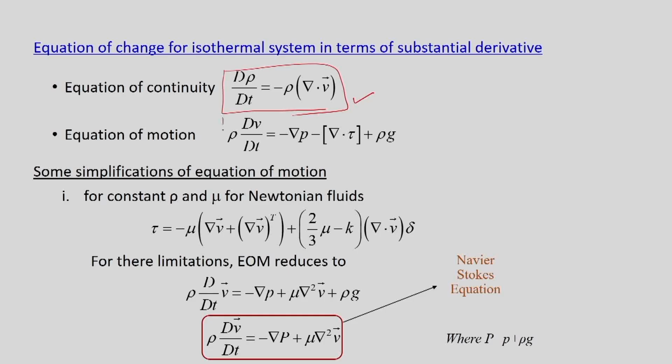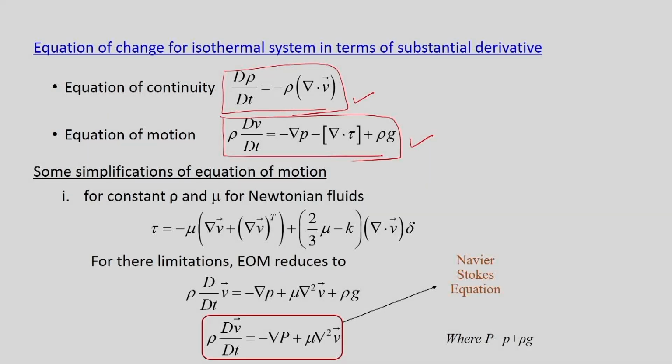Whereas the momentum equation in vectorial form, the combined momentum equation, you can write as rho Dv by Dt is equal to minus del p minus del dot tau plus rho g. So, these are the continuity and momentum equations in terms of the substantial derivative.